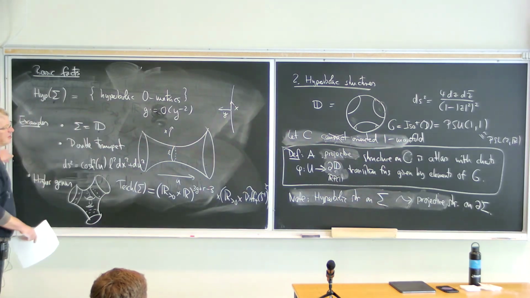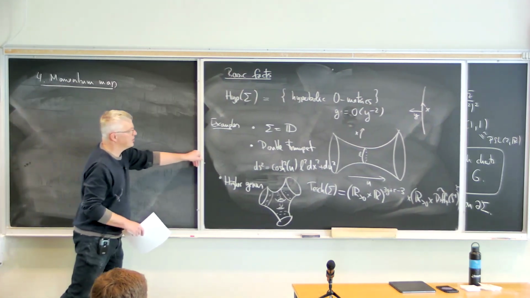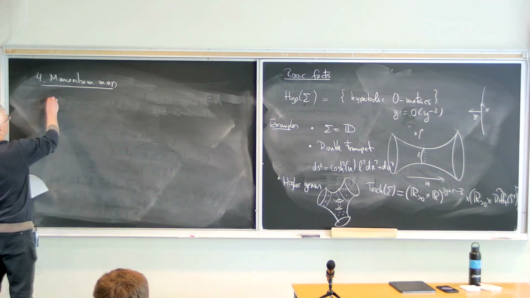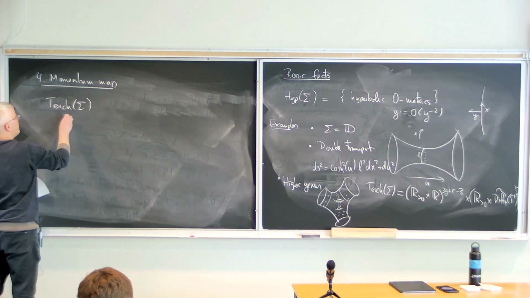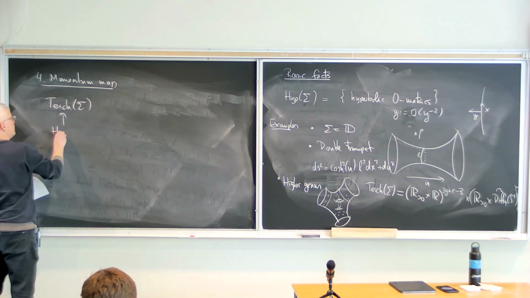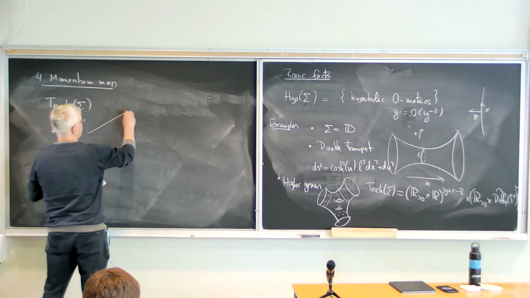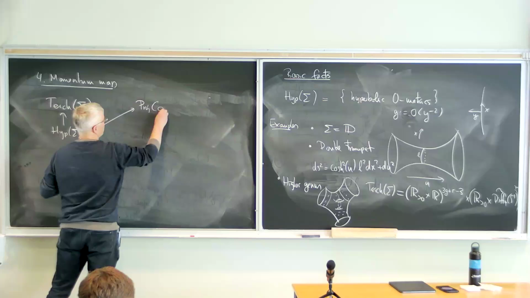And yeah, this is in some sense going to be our moment map. So we have Teichmueller space, the space of hyperbolic structures. As I said, there's the map which goes to projective structures on the boundary.